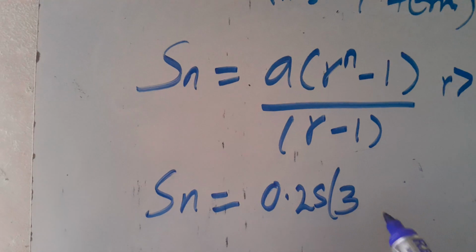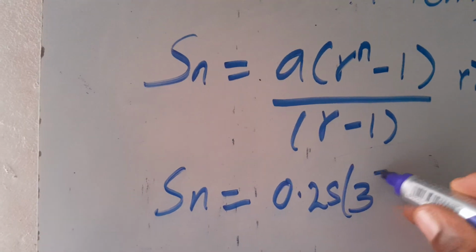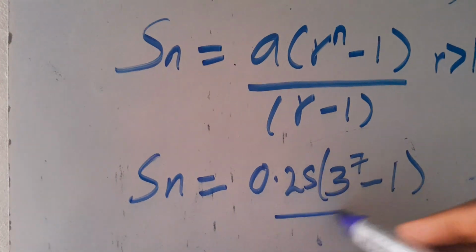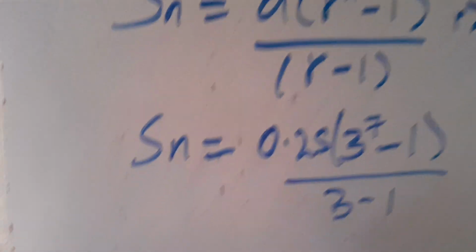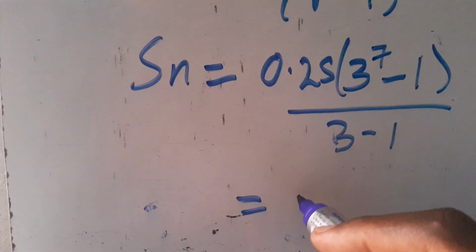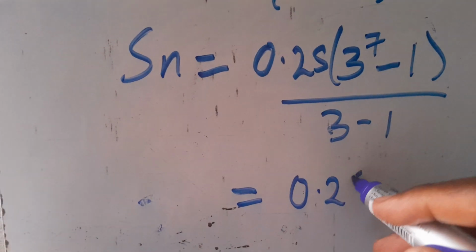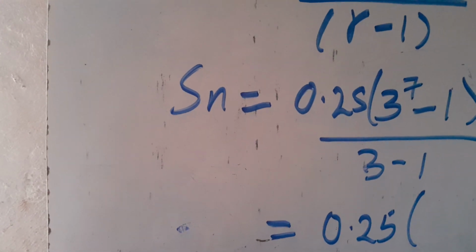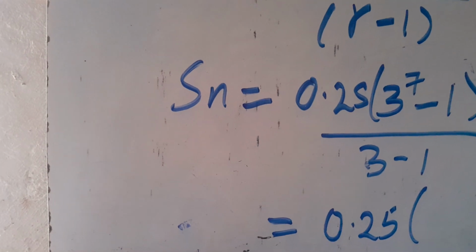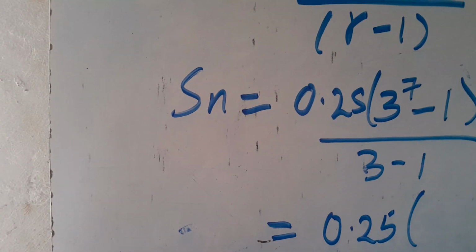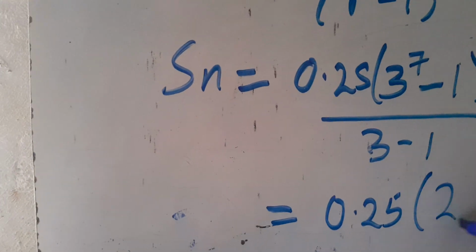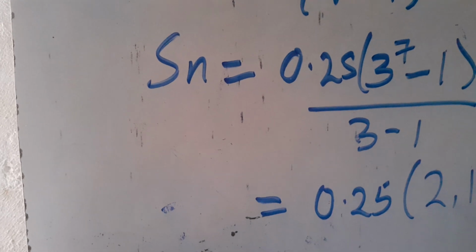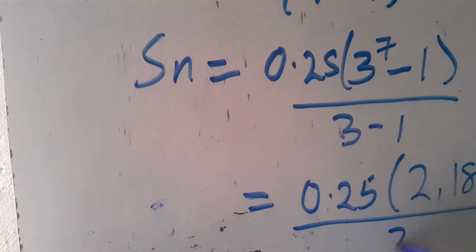Now you take r, 3 raised to power 7, since we are looking for the sum of the first 7 terms, minus 1, and you divide by 3 minus 1. You will have 0.25 times 3 raised to power 7 minus 1, you will have 2187 divided by 2.